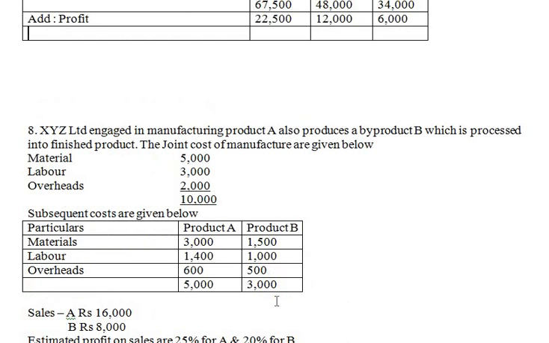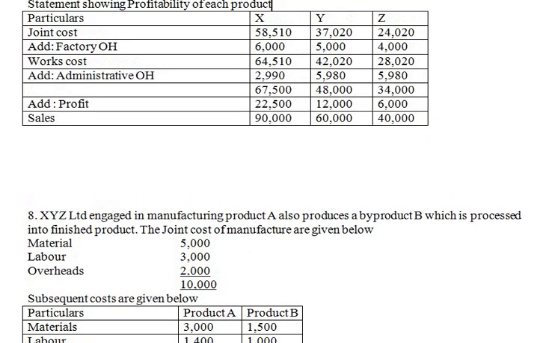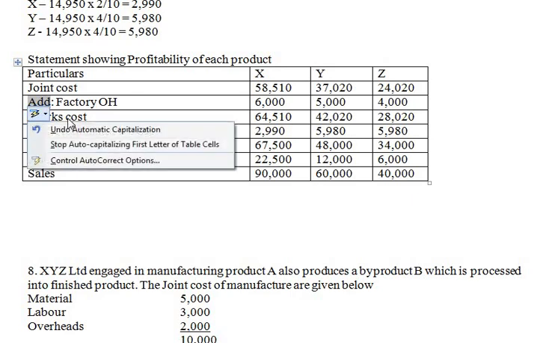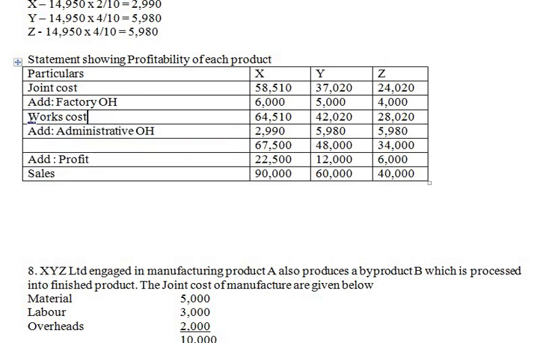Next is sales, already they have given: 90,000, 60,000, 40,000. So this is how we will prepare the statement of profitability.